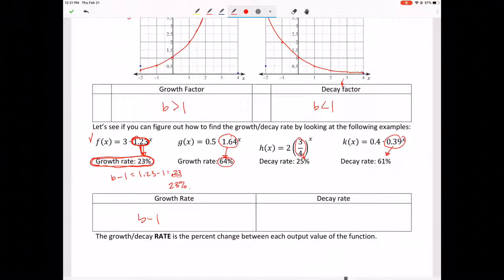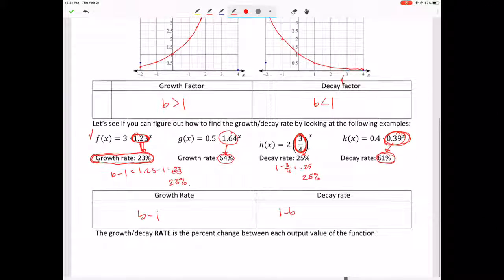Okay, and then these ones, it's the exact same thing. We want to find the difference between b and 1. But now that it's less than 1, we will use 1 minus b. So, for example, here 1 minus 3/4 gives you 1/4, or 0.25. And then write it as a percentage would be 25%. Okay? Same thing, the difference between 0.39 and 1, that will give you 61%.